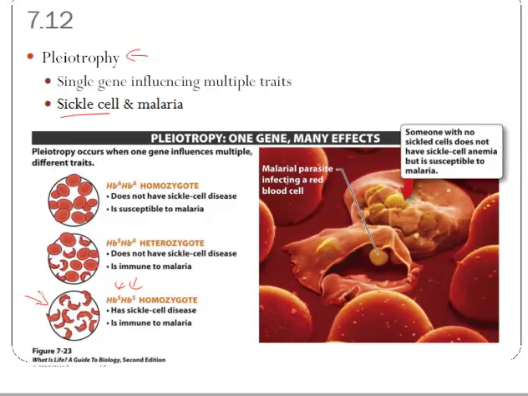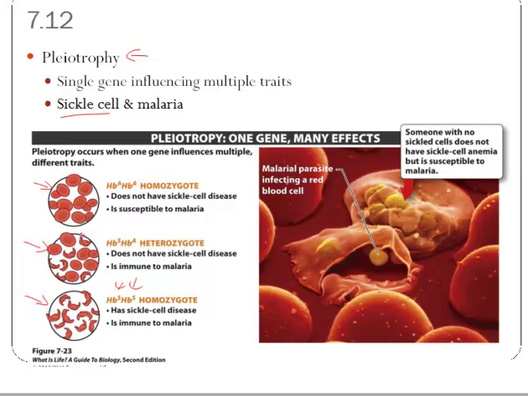People with sickle cell anemia have a lot of health problems and historically didn't survive very long because of this blood type. It's caused by one location in the genome. If you do not carry the sickle cell gene, you're completely normal. If you have the sickle cell gene, you don't have the disease because you have normal red blood cells, but some of your blood cells can change to sickle shape.